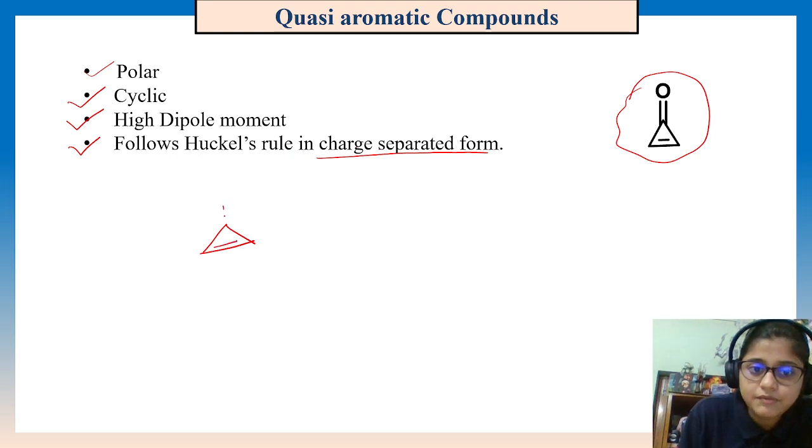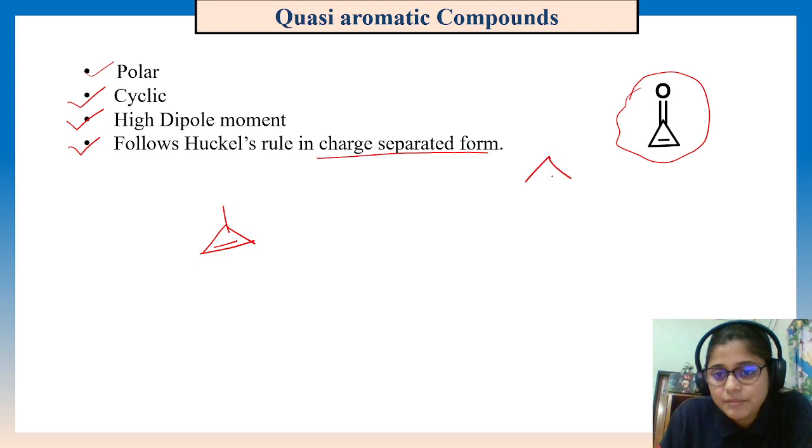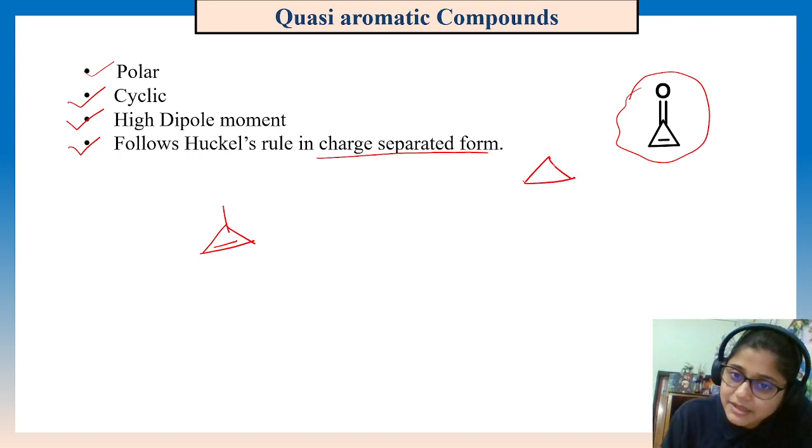This kind of compound is not very stable. Here there is a ring, a three-membered ring. It has strain, and this ring is not much stable.